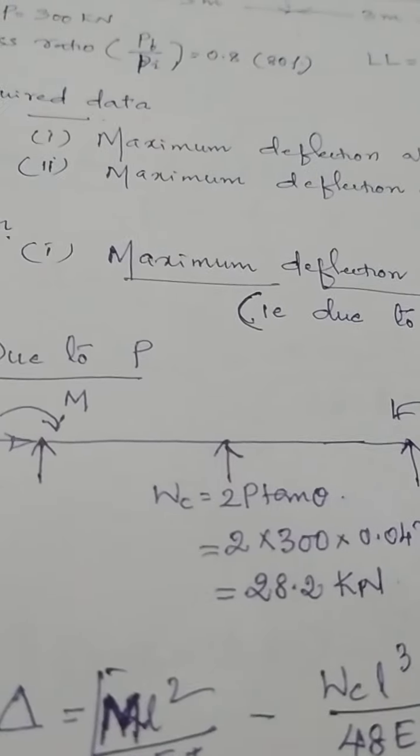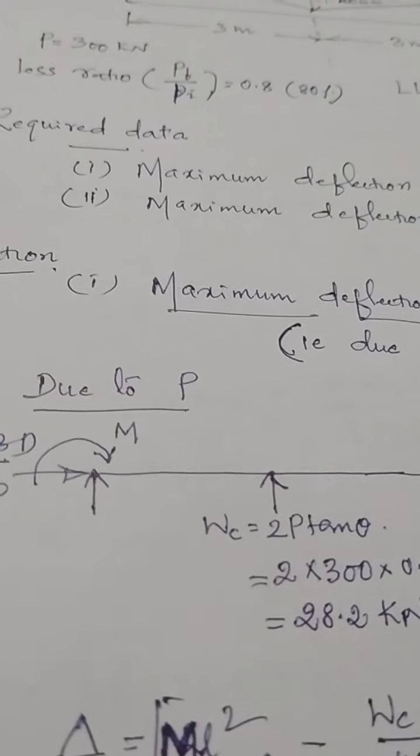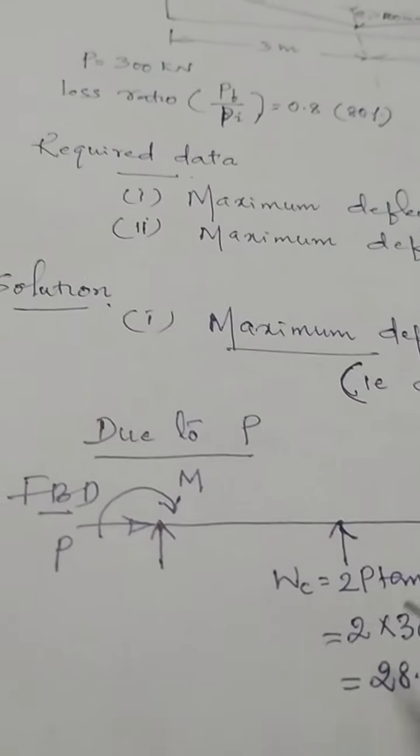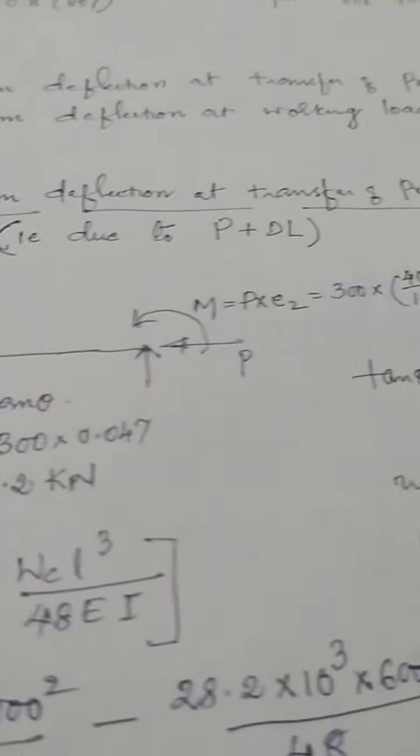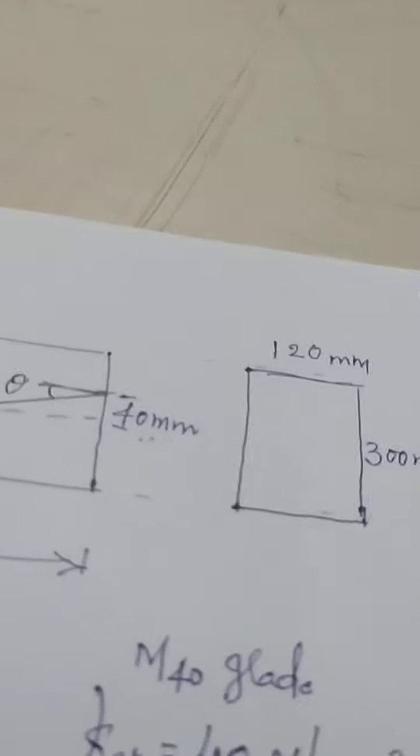Then here this is the FBD of pre-stress, that is M and WC, and dead load is calculated. Dead load is calculated separately. Dead load is D into D into 1, that is separately calculated.